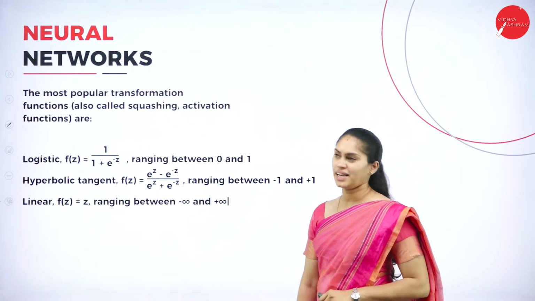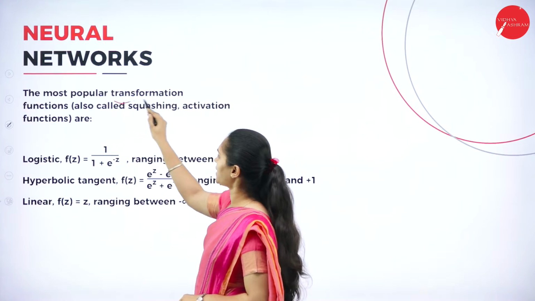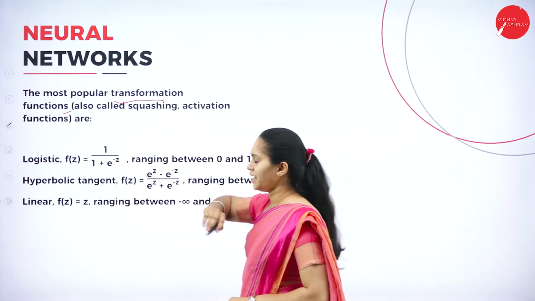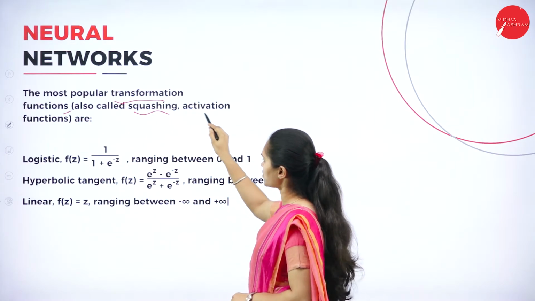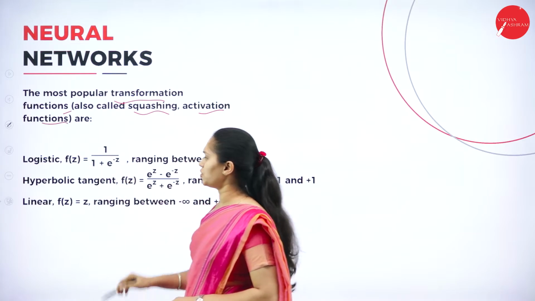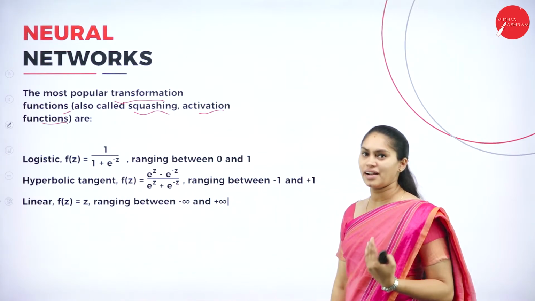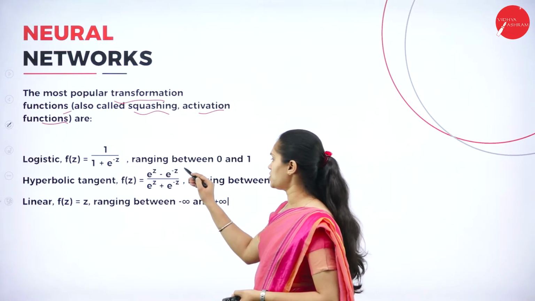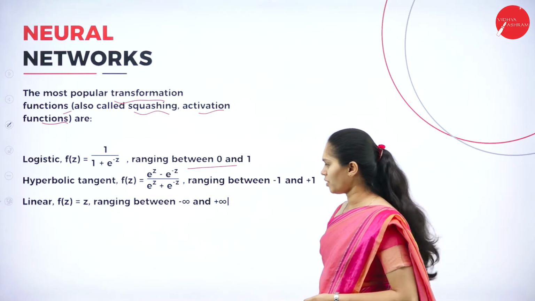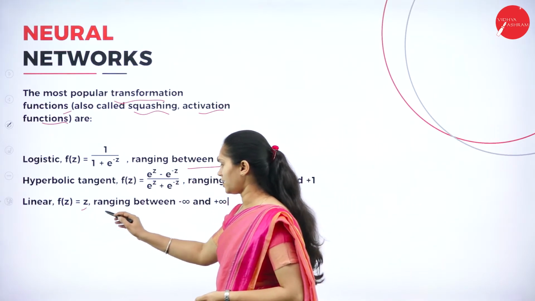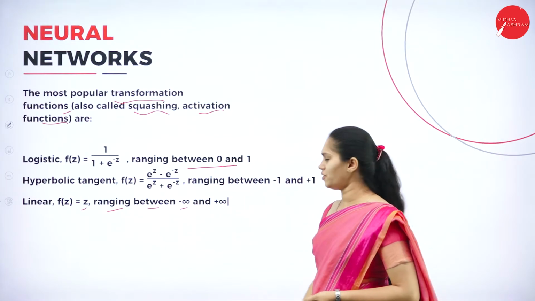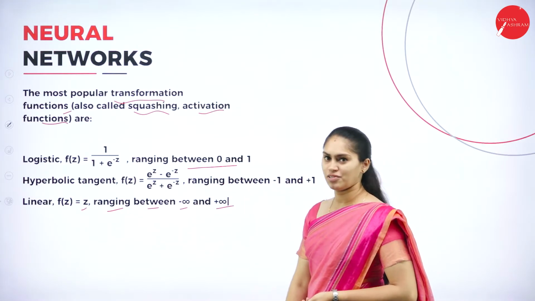In this neural network, we have some popular transformation functions, which are called squashing activation functions. They are depicted with this formula, and the output will range between 0 and 1. If it is related to z, then it will range between -infinity and +infinity.